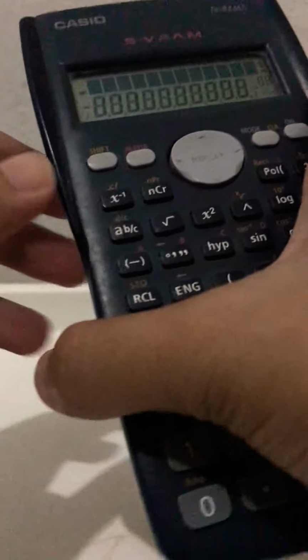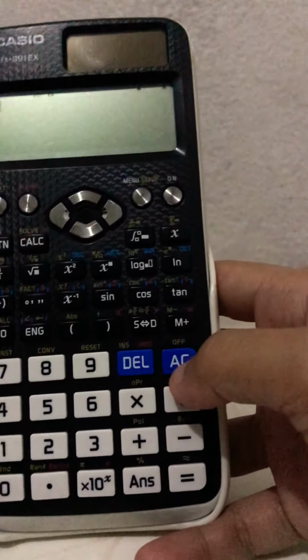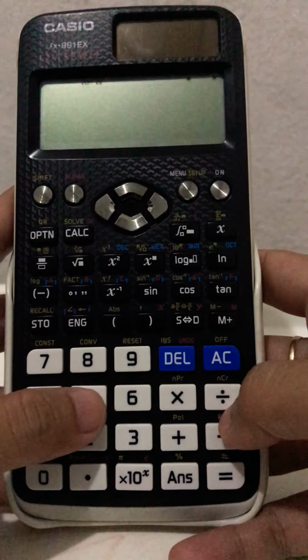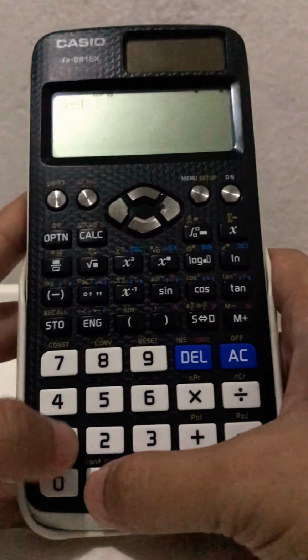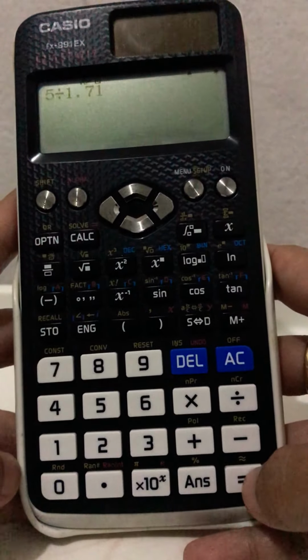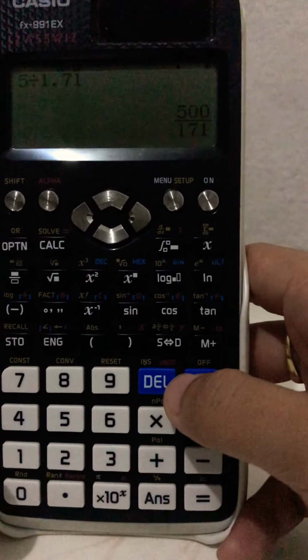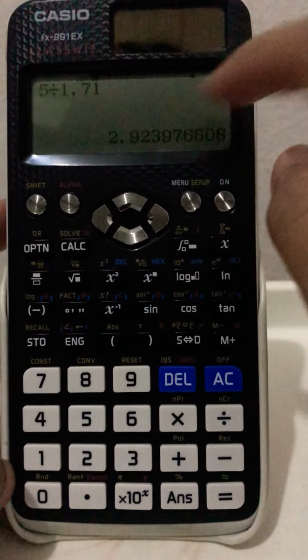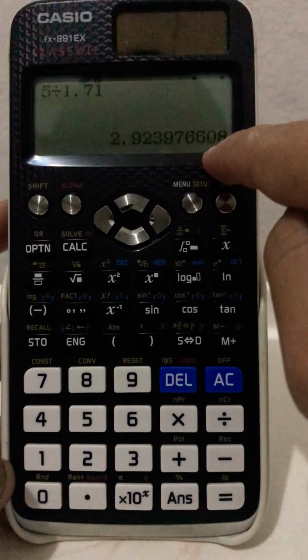Okay. Next feature, aside from being friends with your calculators through fractions, let's have this time rounding off figures. What if we have something like 5 divided by 1.71? Here, just a fraction, and this is the entire decimal.